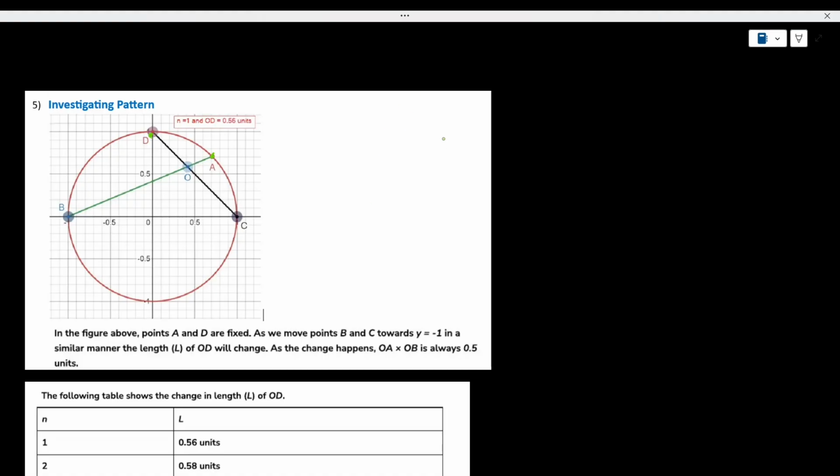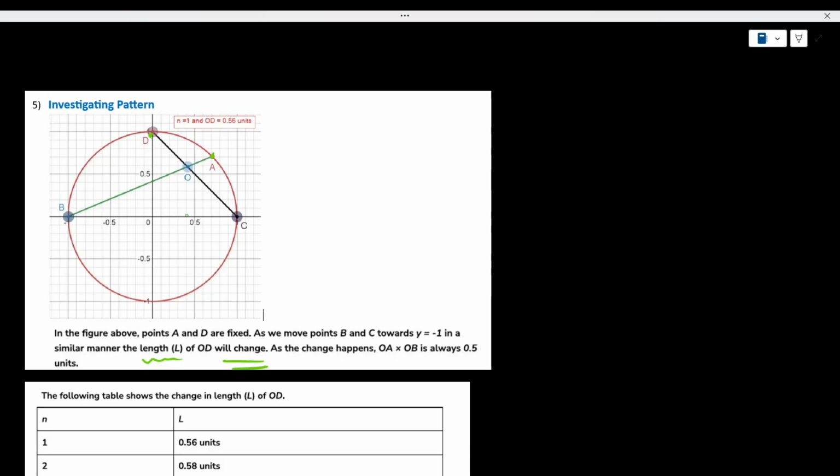As we move B and C towards y equals minus 1, in your online assessments you will be able to move these lines. If we move towards that, in a similar manner, the length of OD will change.